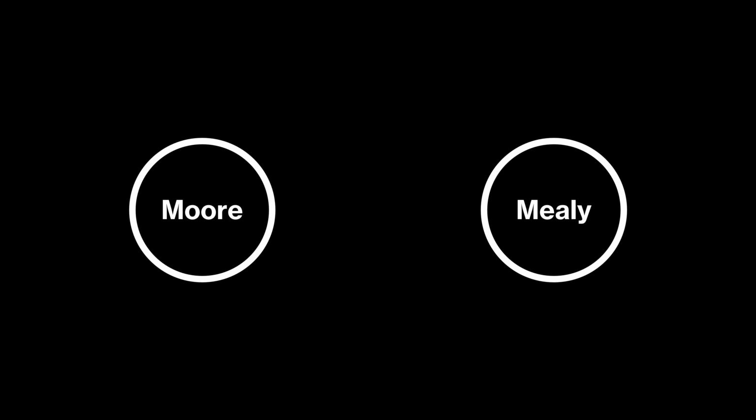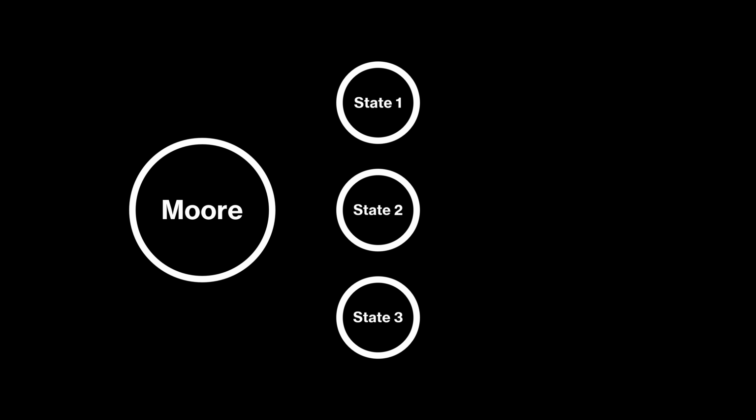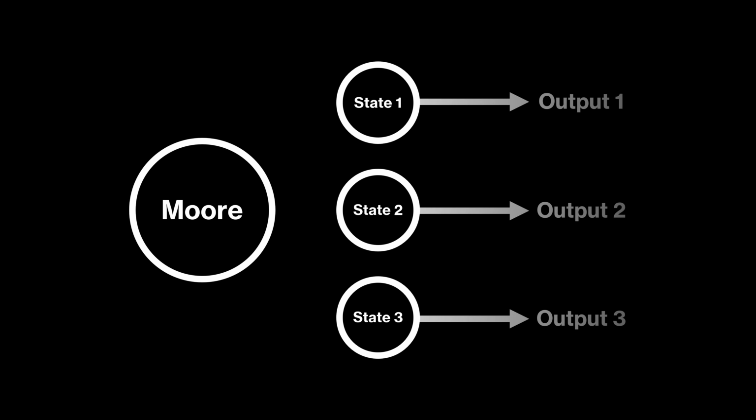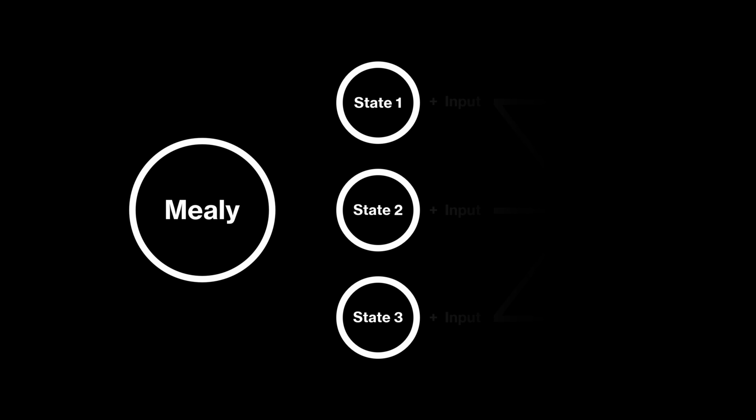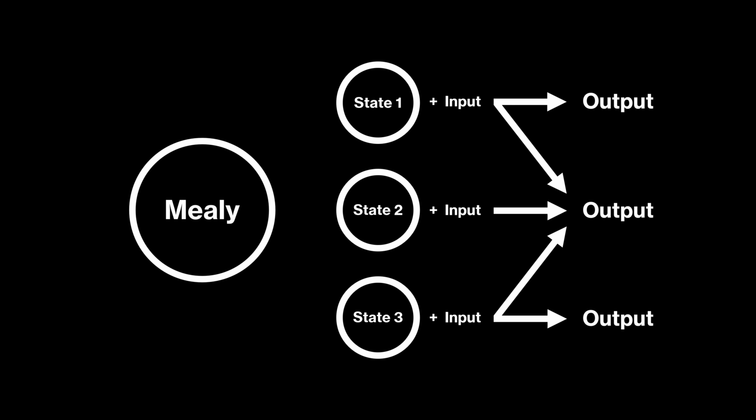There are 2 main types of finite state machines: Moore and Mealy machines. In a Moore machine, outputs only depend on the current state, meaning if you know the state, you then know the output. Moore machine states and outputs are fully synchronous, changing only on clock edges. In a Mealy machine, the output depends on both the current state and the inputs.